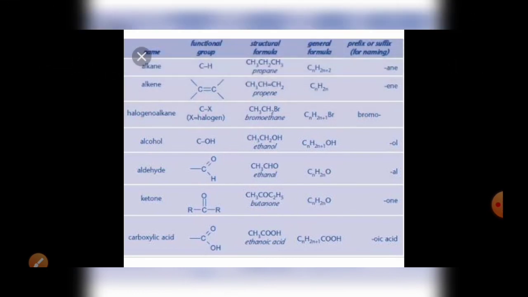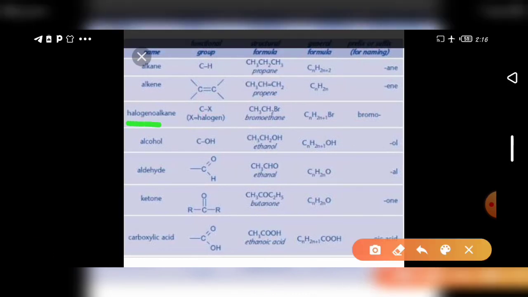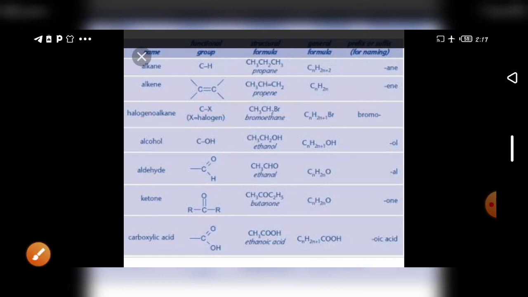Here only one has a prefix, that is halo, which you don't have in your book, the prefix bromo. The remaining ones you add the suffix as ane, ene, ol, al, one, like that. Individually I explained this one.